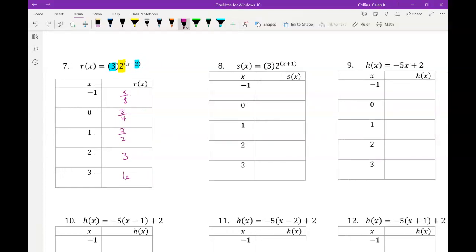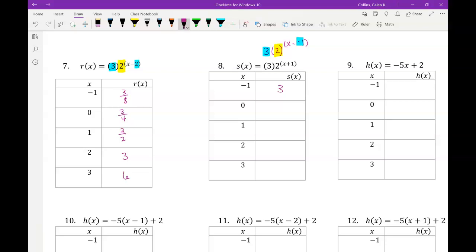All right, number 8, similar to one of the ones we did a second ago, I could think of this as instead of x plus 1, as x minus -1. So this tells me my value is 3 when x is -1. So I would have a 3 here, and then I'm continuing to grow by a factor of 2.